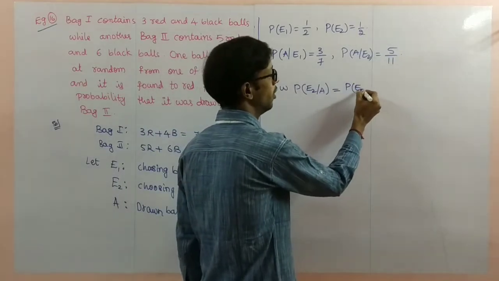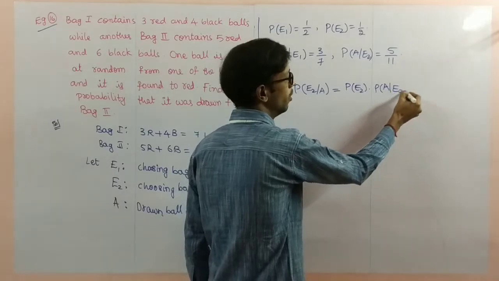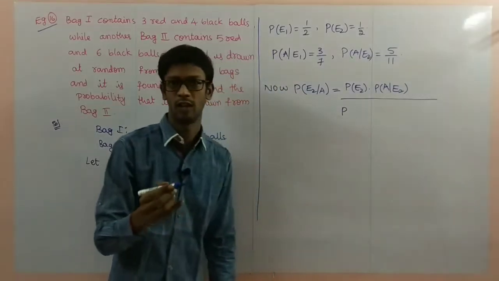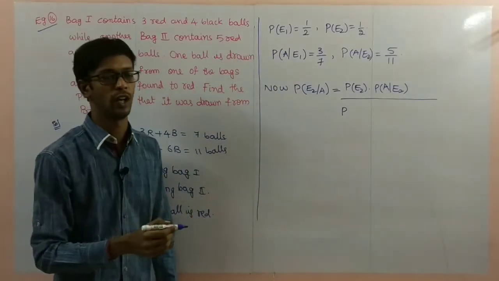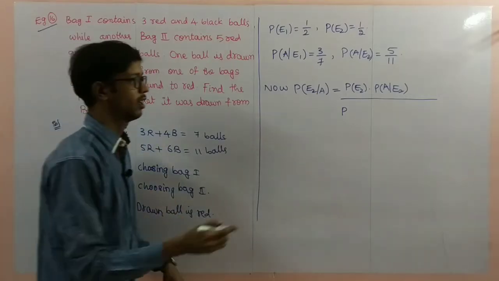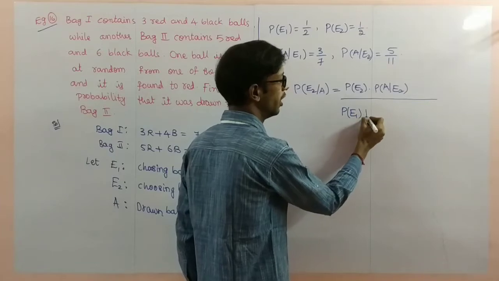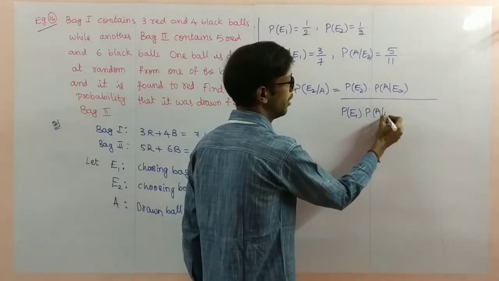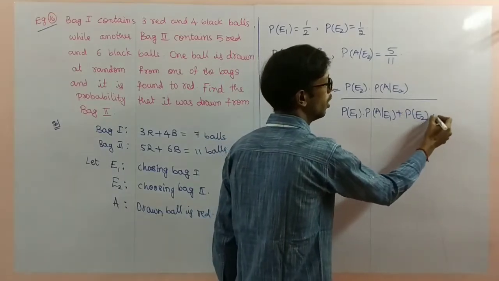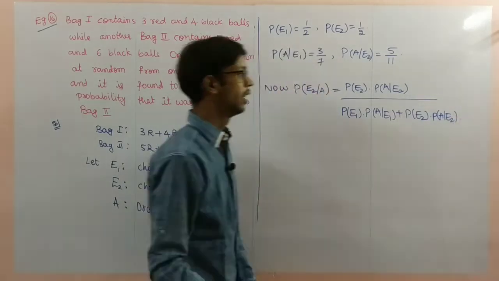Probability of E2 into probability of A by E2, divided by summation j equal to 1 to n. Here there is no need to write 1 to n because only 2 events are there. So we can write directly: P of E1 into P of A by E1 plus P of E2 into P of A by E2.